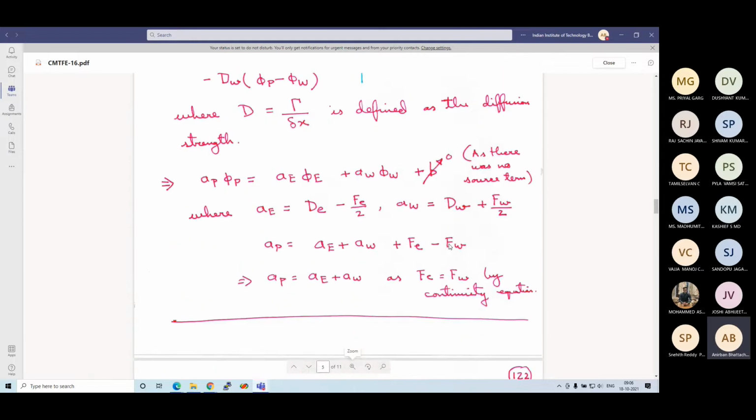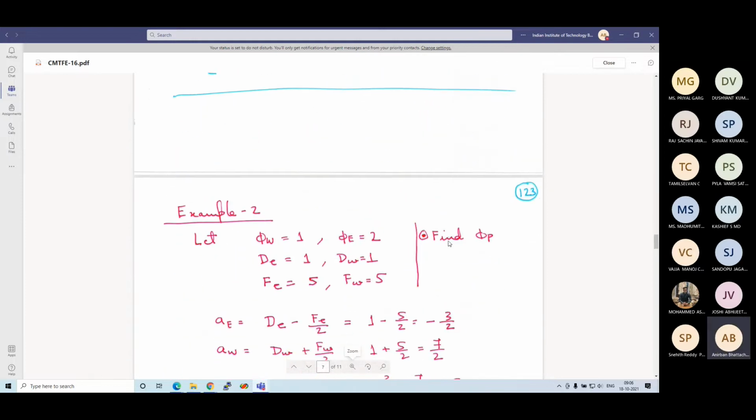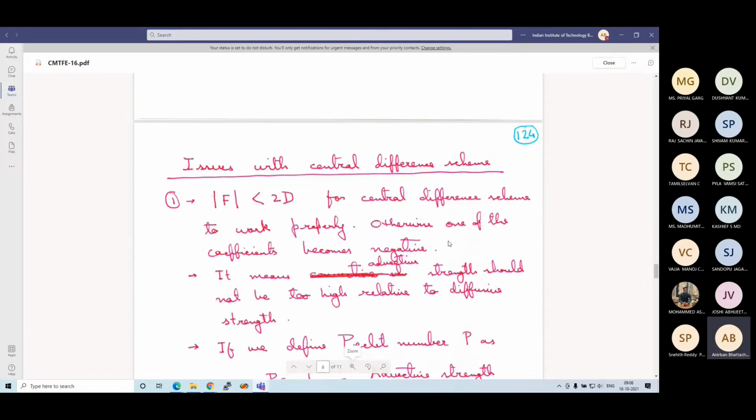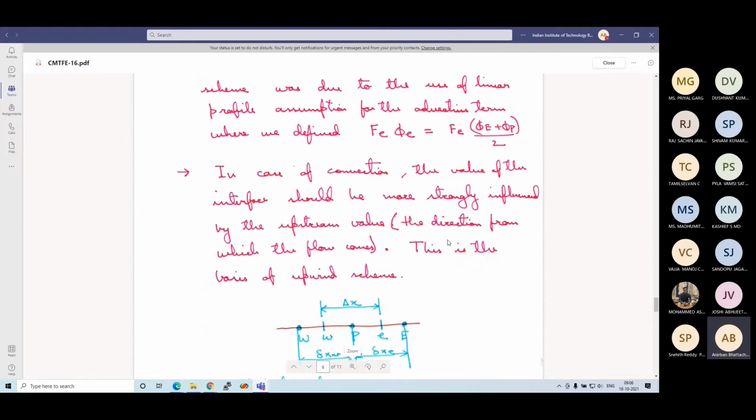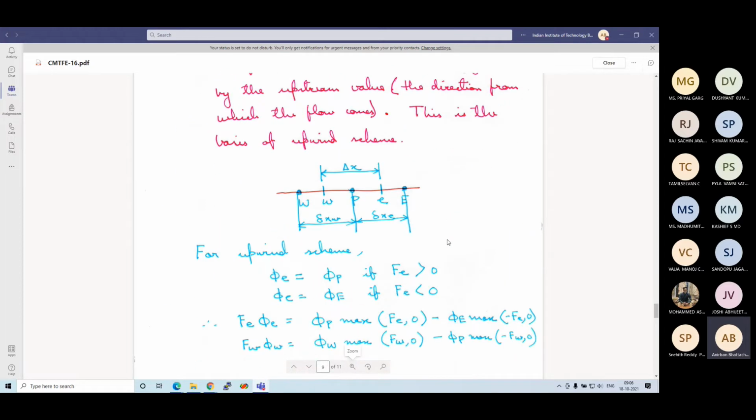The second scheme that we studied was known as the upwind scheme, where we removed this difficulty. The idea was that the interface value is governed by only one side grid point value, the side from which the flow is coming.